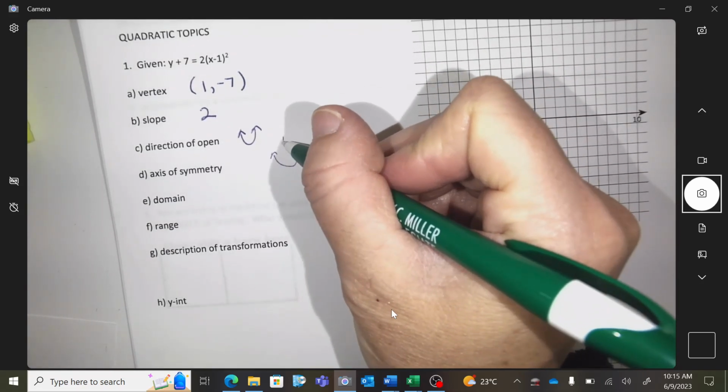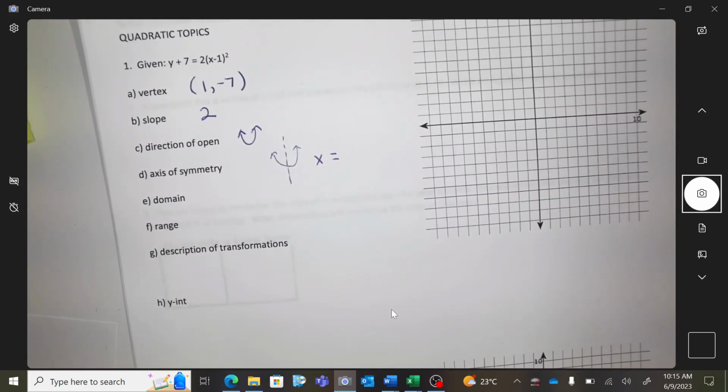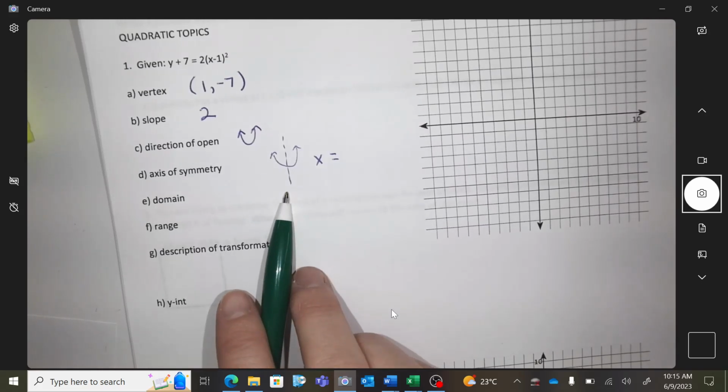The axis of symmetry is that when you can slice it down the middle. And what kind of equation? It's an equation, so what equals what? X equals. To go up and down, that's an x equals line. And what x value will you specifically go right through?